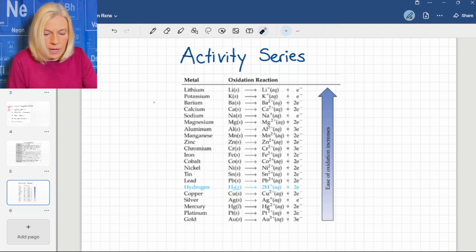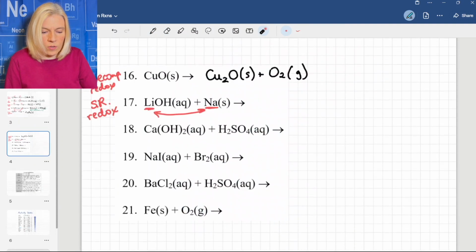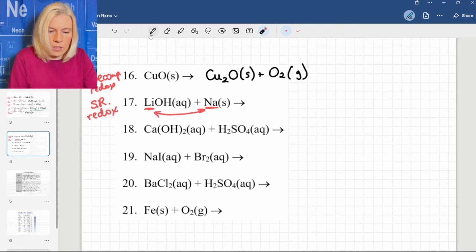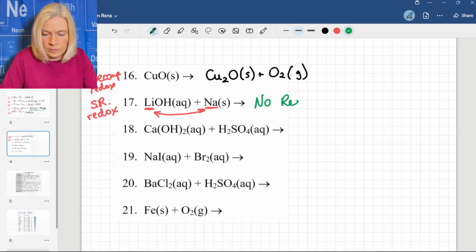Lithium is right here on top, and sodium is under. So sodium, when paired with lithium, sodium wants to be neutral. So for this one, lithium and sodium, nothing will happen. There will be no reaction here. It's a trick question, right?